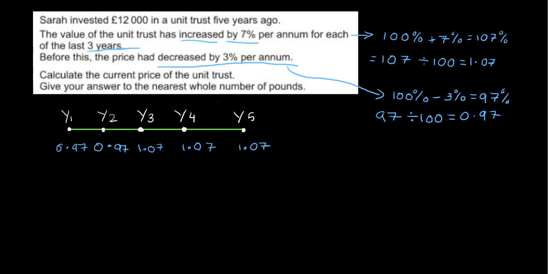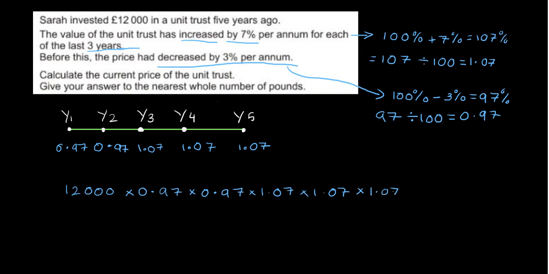Okay, so in order to find the current value of this unit trust, we're going to do 12,000 times, and we're going to multiply by all of these multipliers. So 0.97 times 0.97 times 1.07 times 1.07 times 1.07.